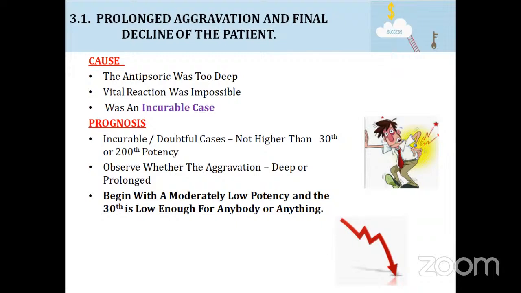Prolonged aggravation and final decline of the patient is the first observation. It says that the antipsoric medicine we gave the patient was too deep, vital reaction was impossible, and it was an incurable case. In an incurable or doubtful case, we should not go higher than the 30 or 200 potency, and we should observe whether the aggravation is deep or prolonged.